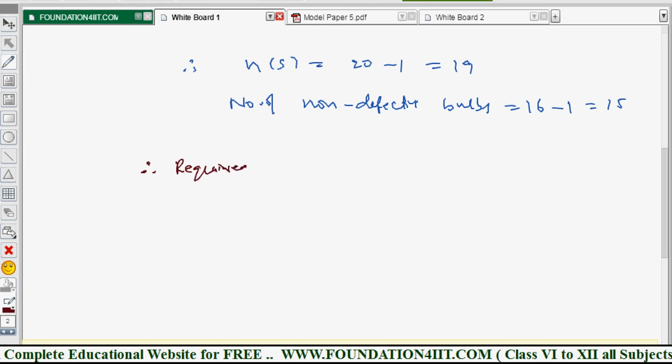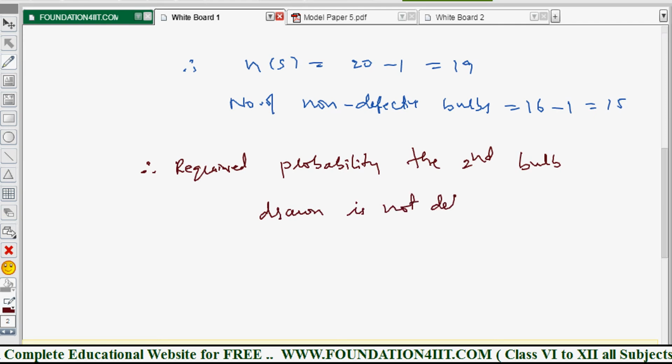Because after taking the first bulb, they are asking the probability for the second bulb. So the required probability that the second bulb drawn is not defective: there are 16 non-defective, and if one is taken, then 15 by the remaining 19.